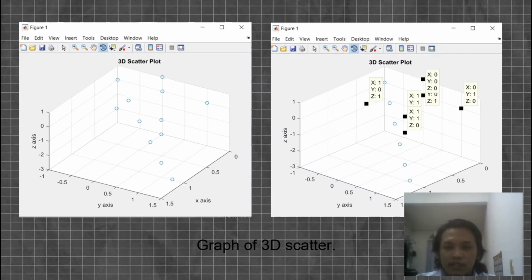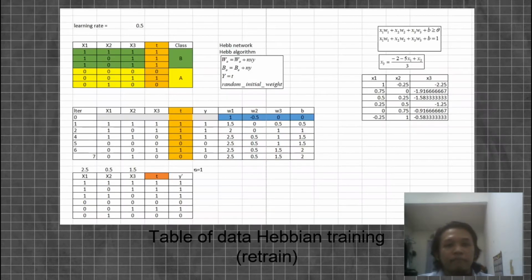Next is the 3D scatter plot, where the left one is without the coordinates and the right one is with the coordinates.